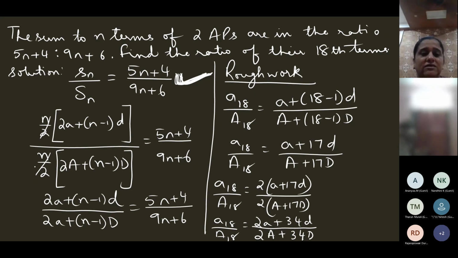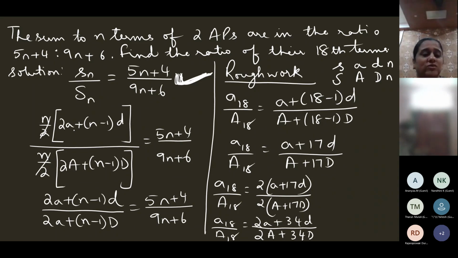So n is n, first terms small a, capital A. Common differences small d, capital D. Sum to n terms small s, capital S. Small s, small a, small d, n. Capital S, capital A, capital D, n. Am I clear, children? Yes, ma'am.